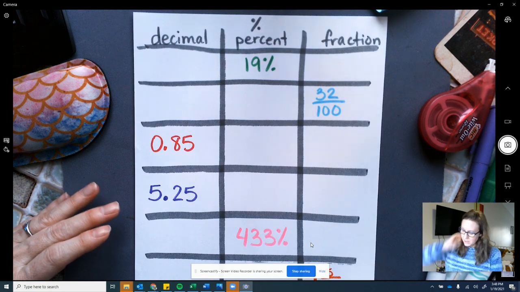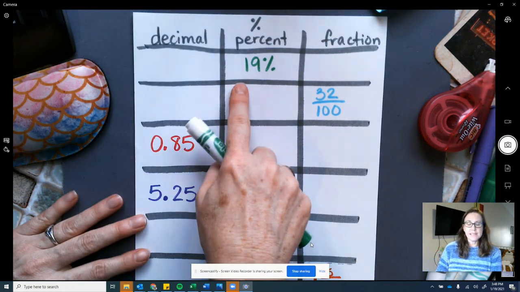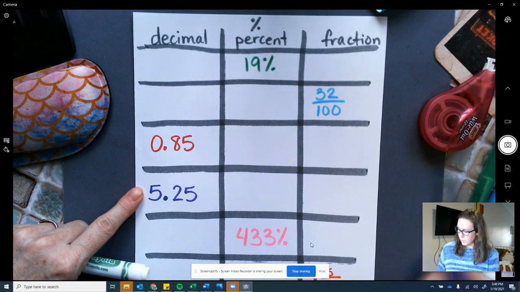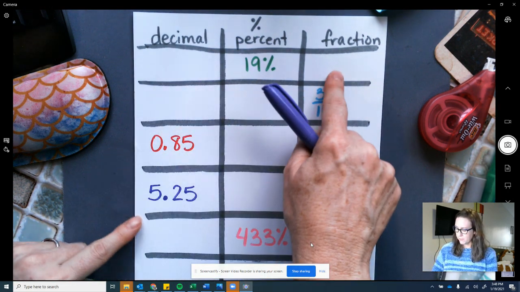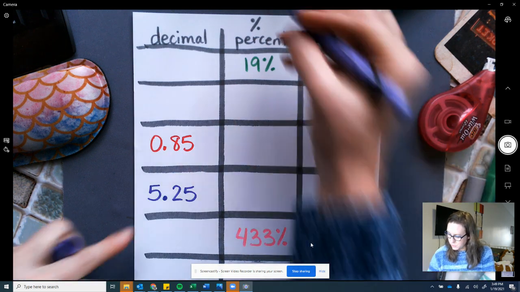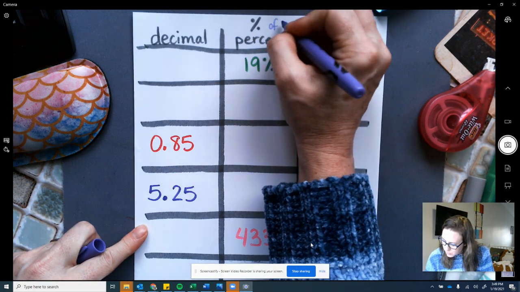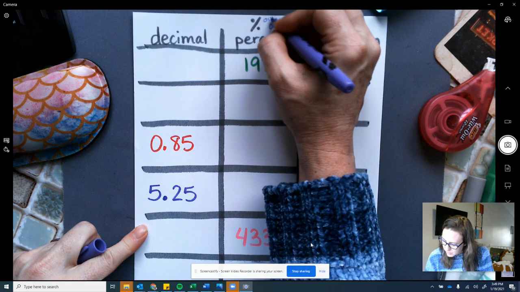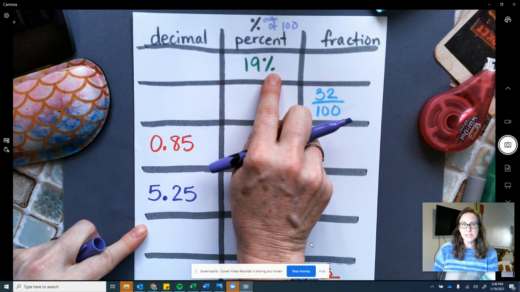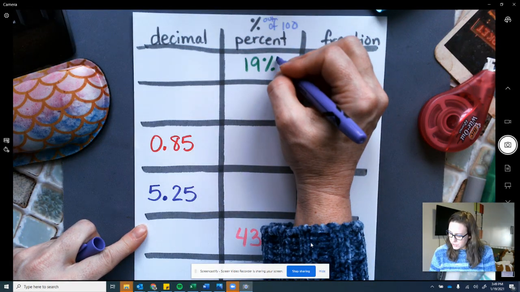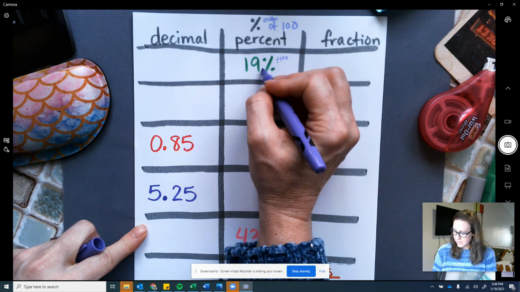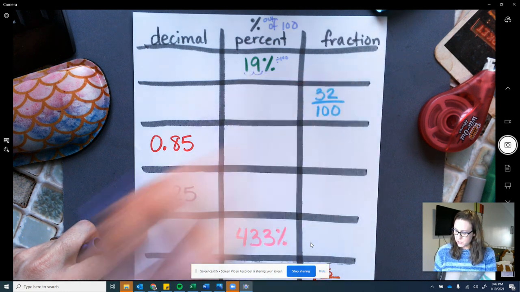All right. So if we have 19%, remember what we do with that to get to a fraction. Percent means of 100. So I'm going to write of 100 or out of 100. So we've got 19% is out of 100. What we are doing to get our decimals, we're actually dividing it by 100. And so our decimal is here right now. We go backwards 2.